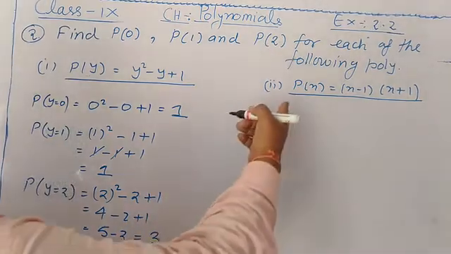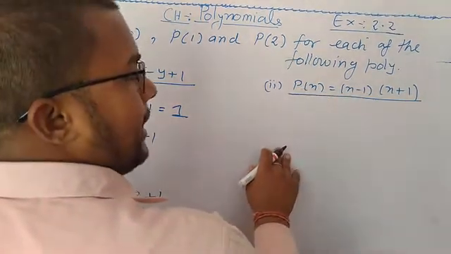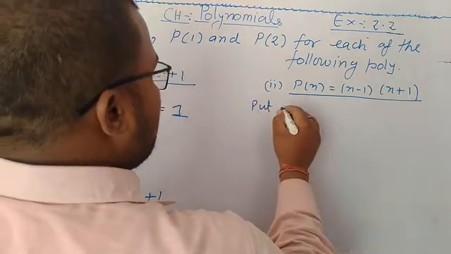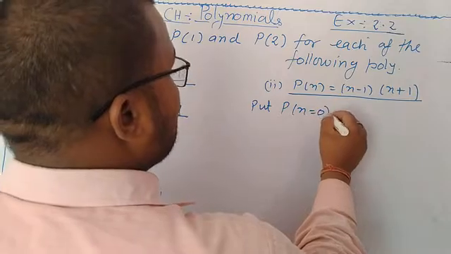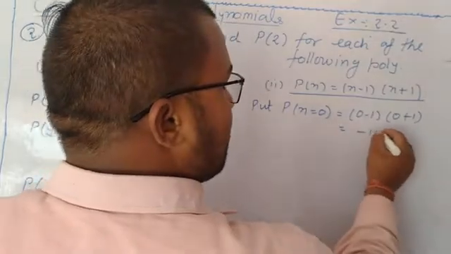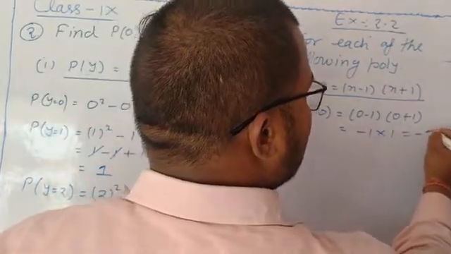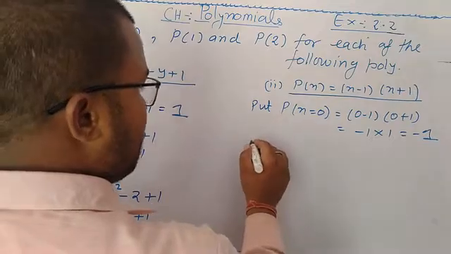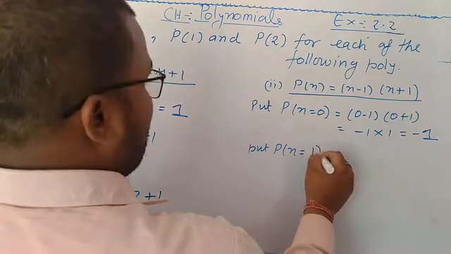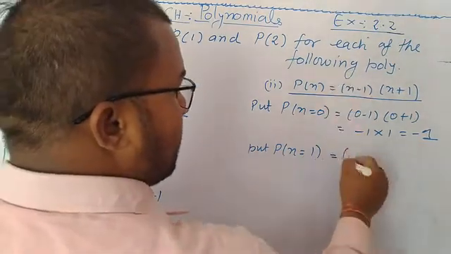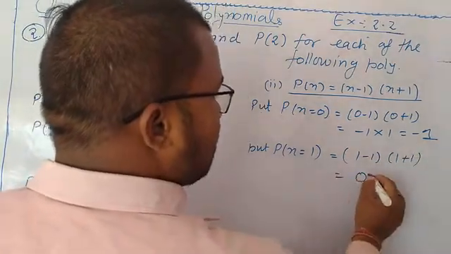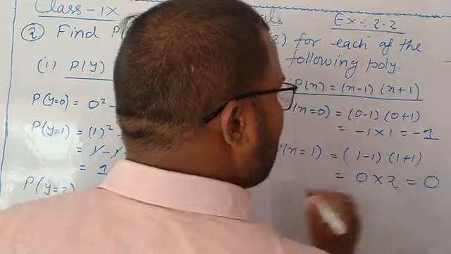Okay student. Next question, p(x) is equal to x minus 1 into x plus 1. First p(0): put x is equal to 0 in the given polynomial. 0 minus 1, 0 plus 1. Minus 1 into 1 is equal to minus 1. Next, put x is equal to 1: 1 minus 1, 1 plus 1. 0 into 2 is equal to 0.